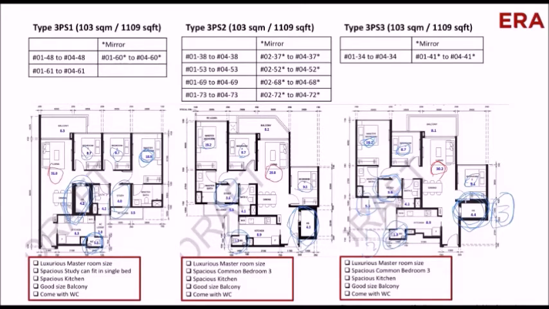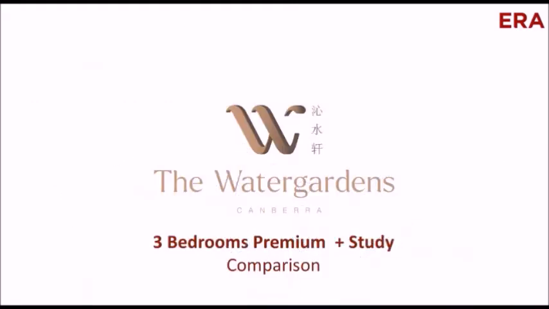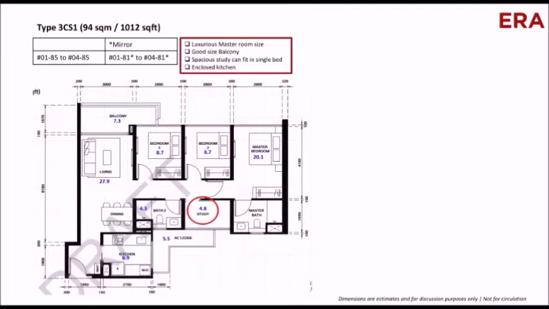So over here, this is our 3-bedroom compact, 27.9.